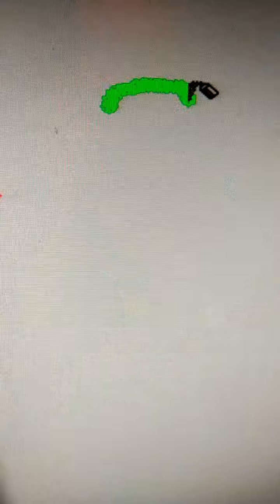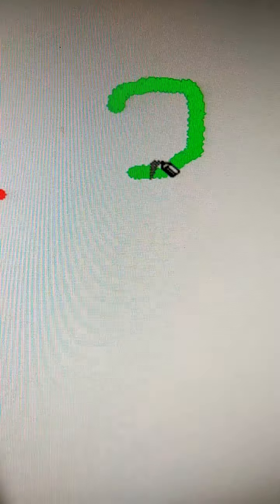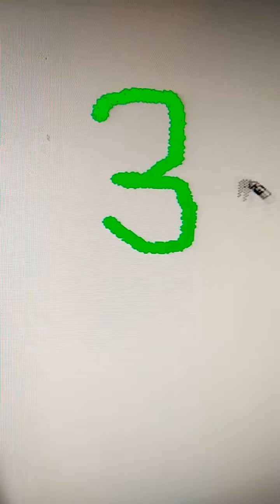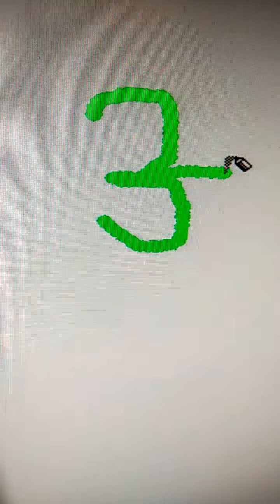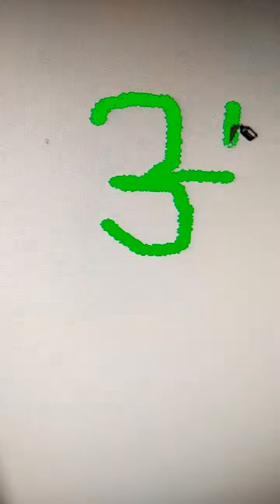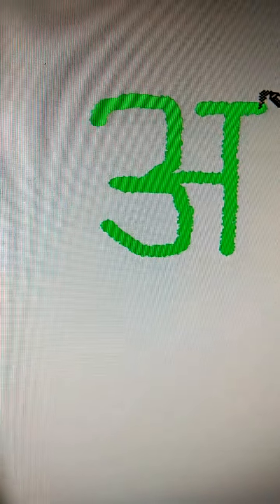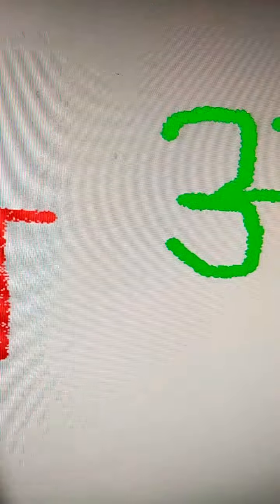Again I am writing. How can we write A? See this. First you draw a half circle. Then you draw again a half circle. And from this you draw a line, a vertical line, and after that a small horizontal line.